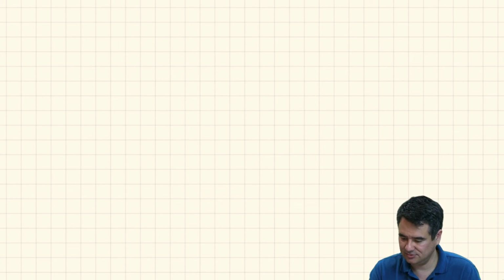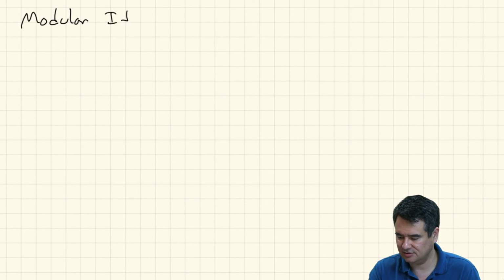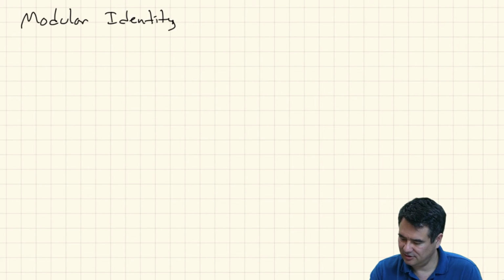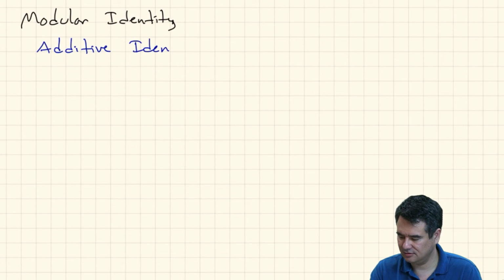So let's do something called modular identity. Okay, so this is actually a little preview of something coming up in the week ahead. So identity under addition, so actually let me erase this. Let's call this additive identity.